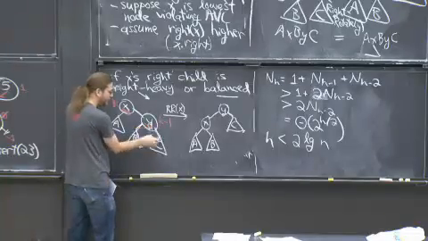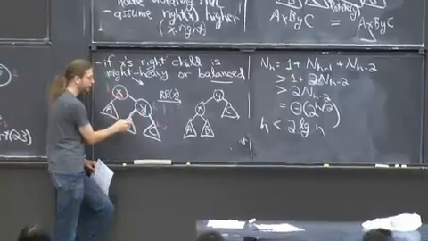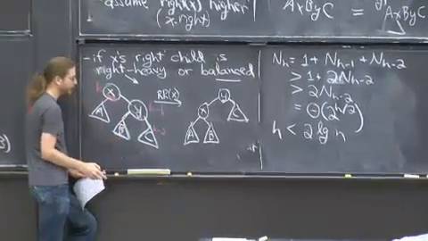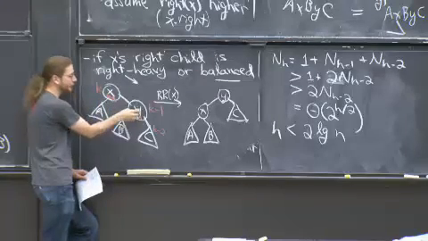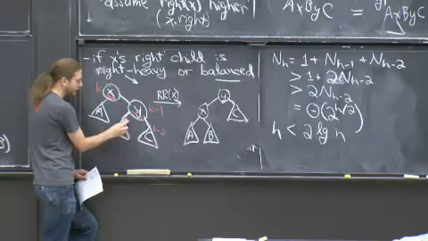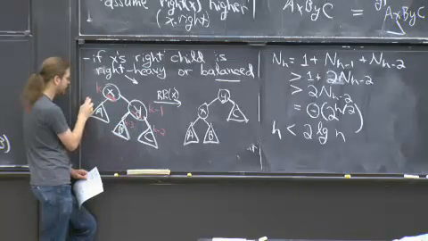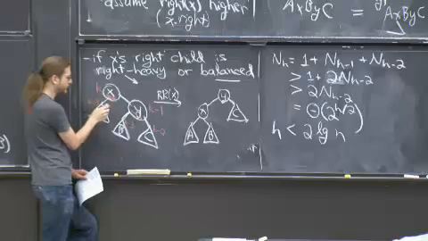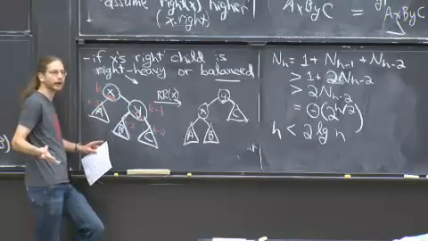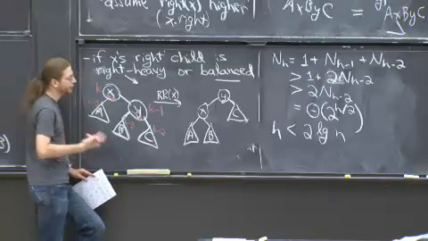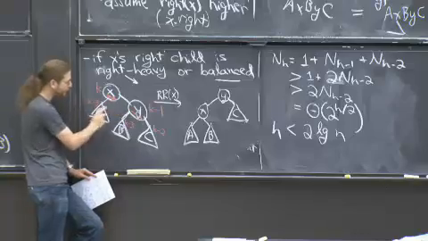Then this is right heavy, so this has height k minus 2. And this is something smaller than k minus 2. In fact, because we assumed that x was the lowest that is not AVL, y is AVL, and so this is going to be k minus 3. And this is going to be k minus 3 because these differ by 2. You can prove by a simple induction you never get more than 2 out of whack, because we're just adding 1 from an off by 1. So we get off by 2. So this is the bad situation.